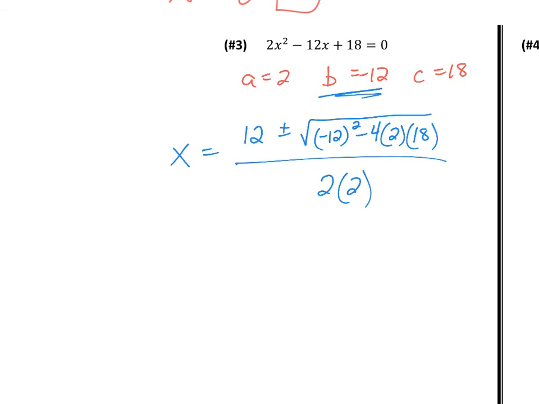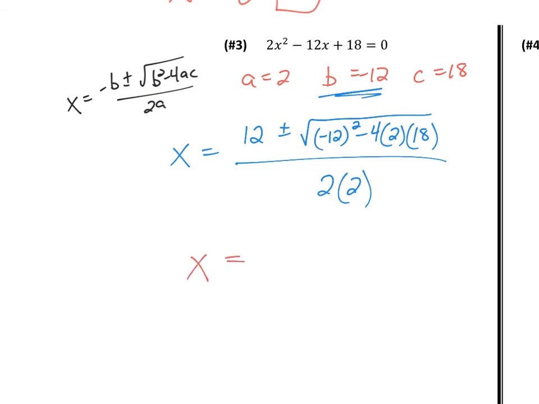So again, this comes from our equation right here: negative b plus or minus square root of b squared minus 4ac. That's where we get those numbers from.